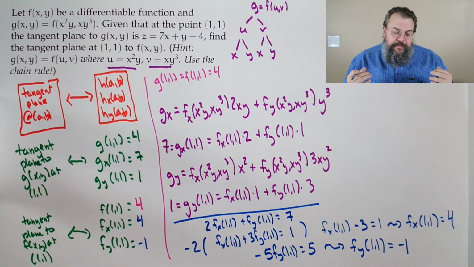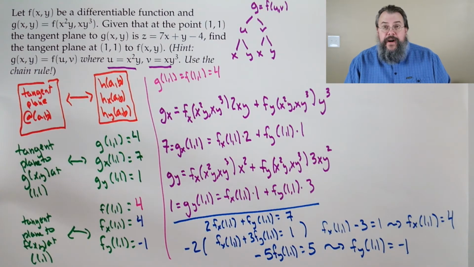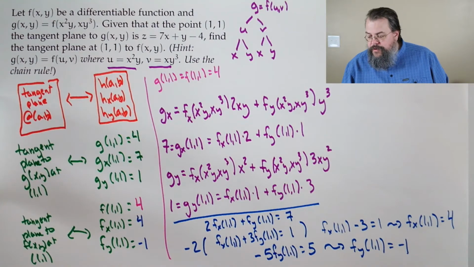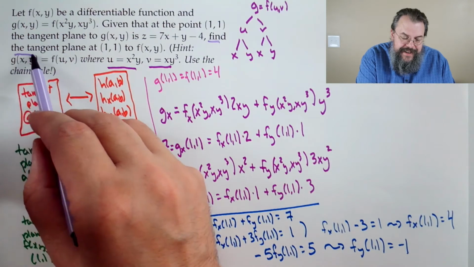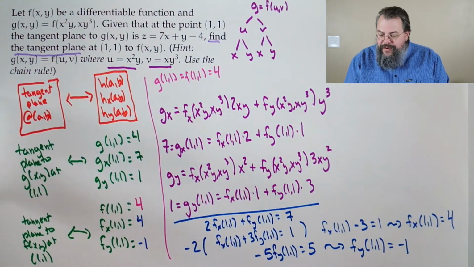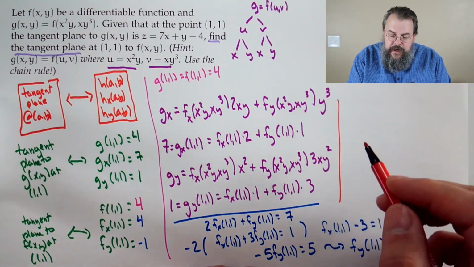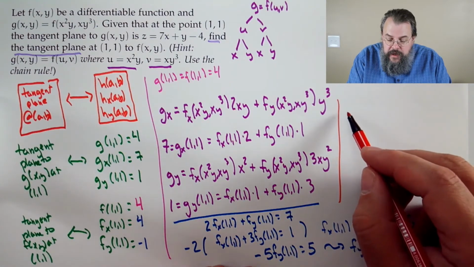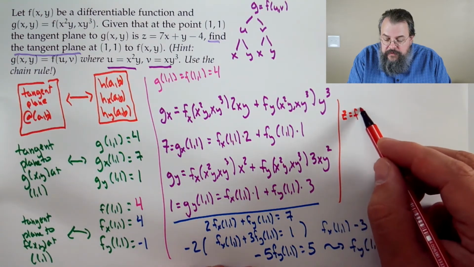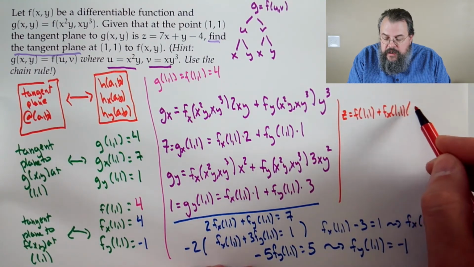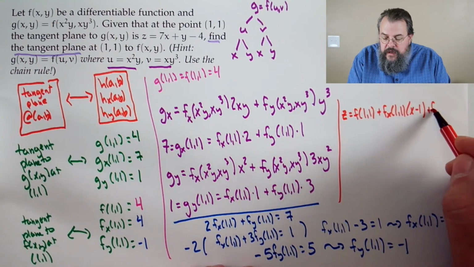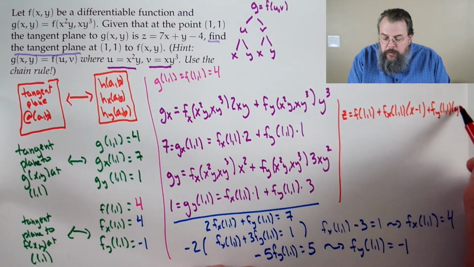So the last part of the problem is we have to find the tangent plane, because it tells us to find the tangent plane. Okay, good. Let's do it. Our tangent plane is z equals f(1,1) plus f sub x at (1,1) times (x minus 1) plus f sub y at (1,1) times (y minus 1).